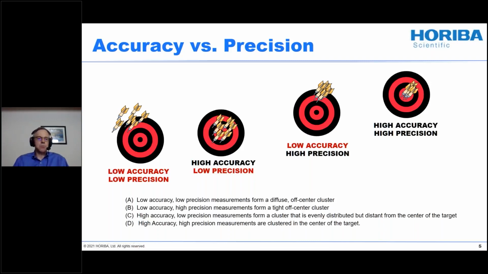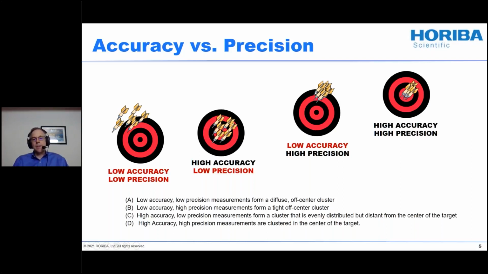It means your results just show up anywhere. You could have them land in a broad group centered around your target. Now it's accurate, but it's not very precise. From run to run, you don't get the same number, but it's close to what should be the right number.